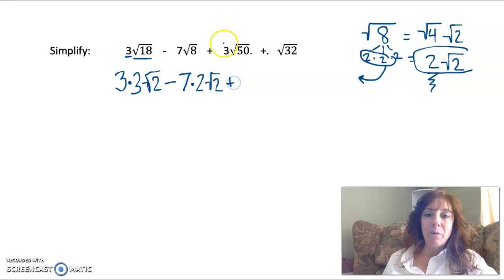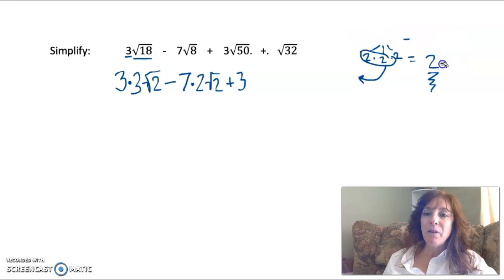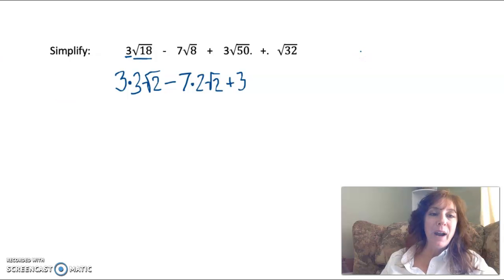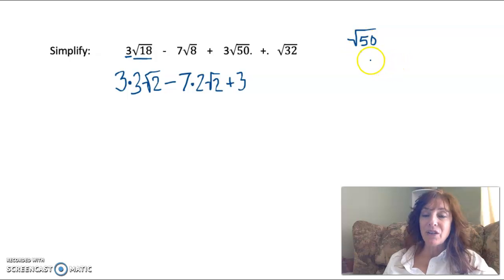All right, now we have 3 times the square root of 50. I need to take the square root of 50 and simplify it. I can break 50 down into factors, but if you remember, 2 quarters makes 50 cents. So 2 times 25 is 50.